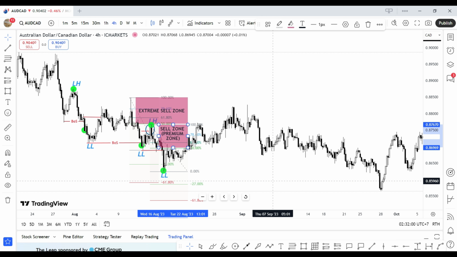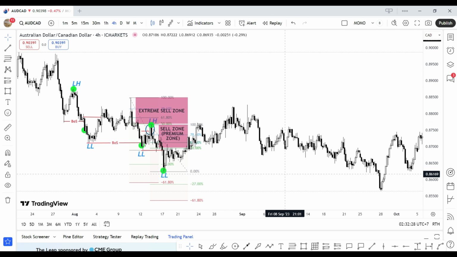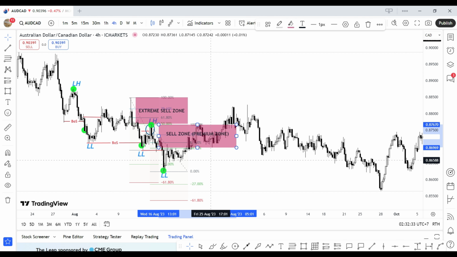As you can see here, these two zones are back-to-back trading zones, but we have to respect what the market gives to us. We don't know if the market will respect our recent trading zone or will go through to the extreme trading zone, which happened here. The market broke through it, reaching the extreme trading zone.